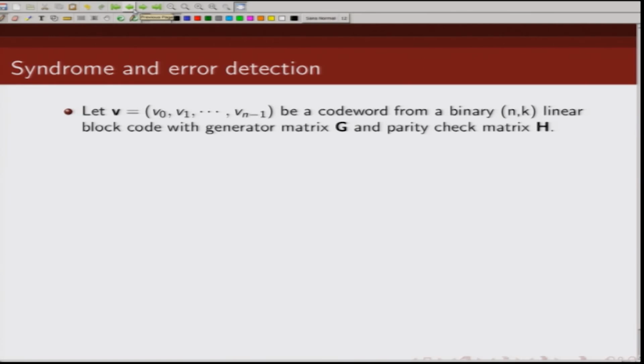So, we know so far if we have an (n, k) linear block code, that means we have k information bits and n coded bits, and this (n, k) linear block code is completely described by a generator matrix and a parity check matrix.